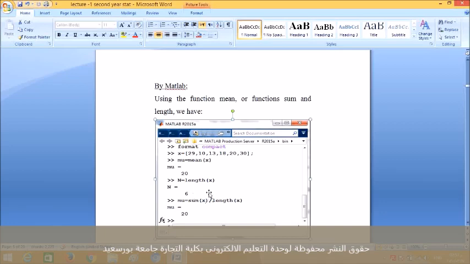To be sure that the mean of x equal sum of x over n or over the length of x, you can use this command. Okay, so this command looks like what you do using your calculator. Sum of x means the summation of x divided by the length of x, which is the number of observations. Okay, but you have to use this syntax. Okay, right.